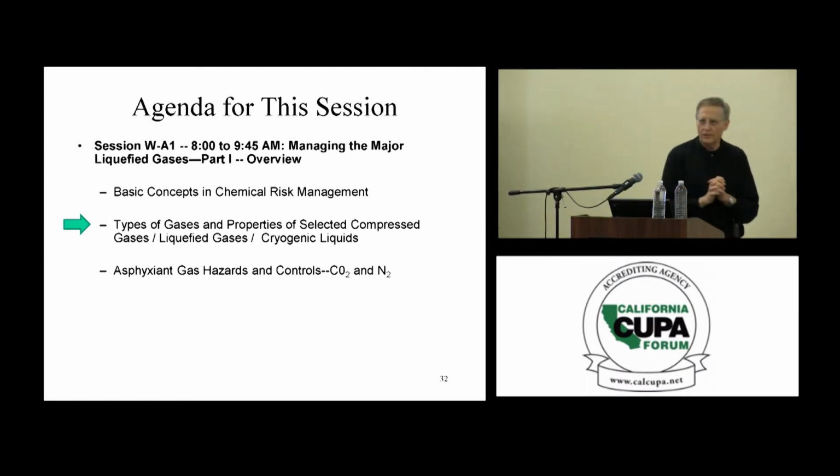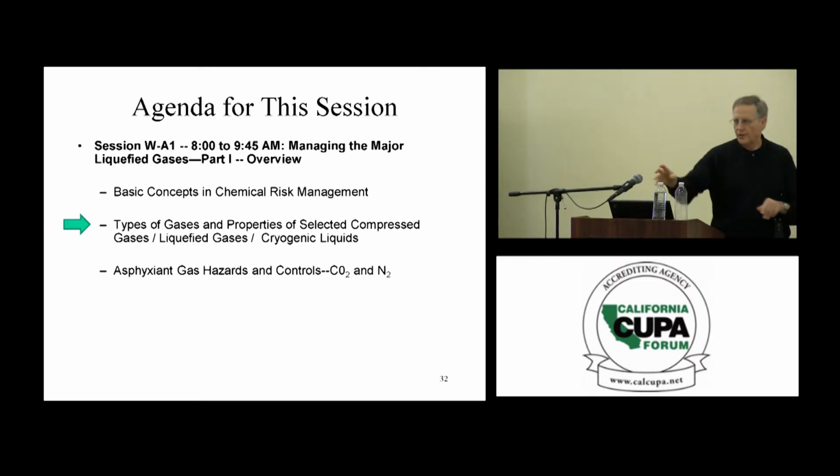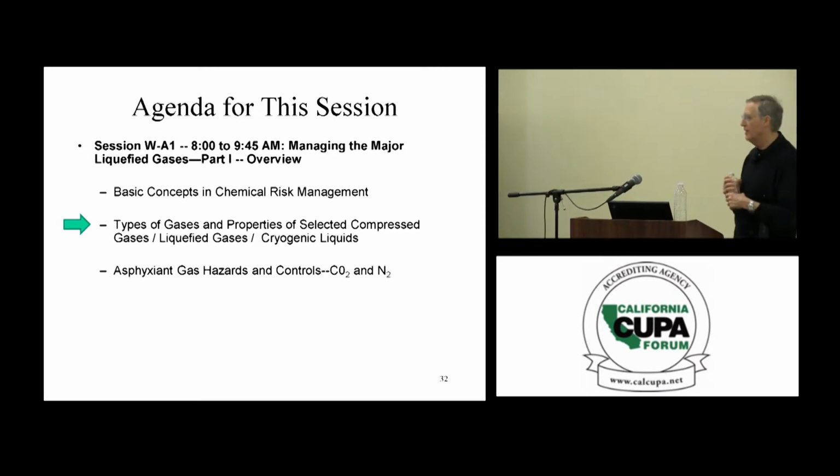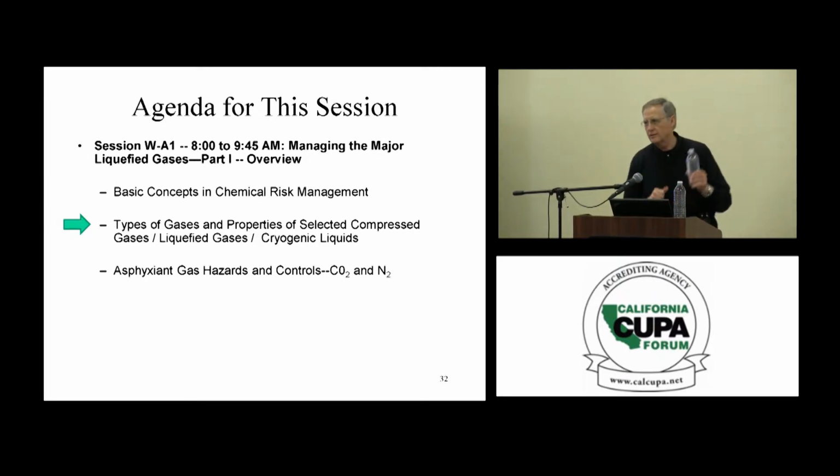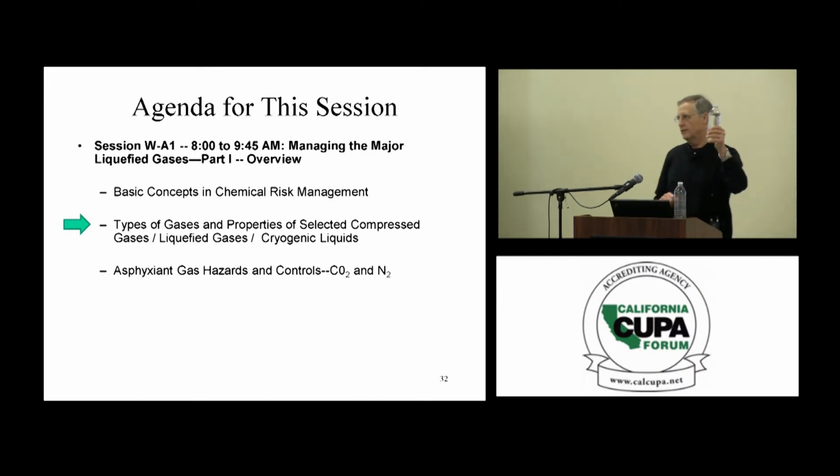Now, if I tell you that I've got a tank in West Sacramento, it's an atmospheric pressure tank, and it's got liquefied ammonia in it. Is that a cryogenic liquid? It's real cold.